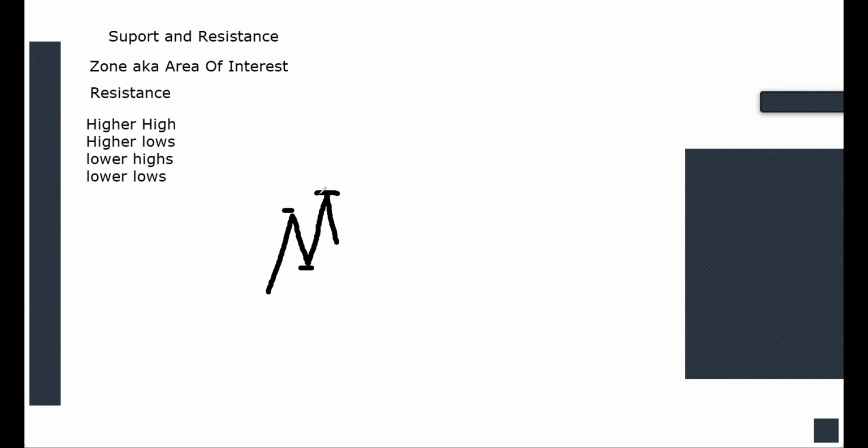Is it a new higher high? Exactly. It's a new higher high because it went past the previous higher high. But when it came down, it did not surpass the higher low. So this would be called what? This area. New higher low?